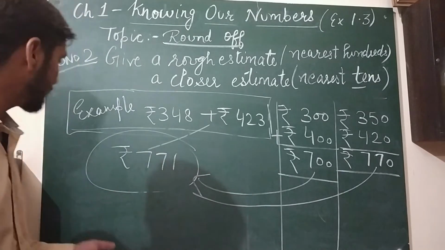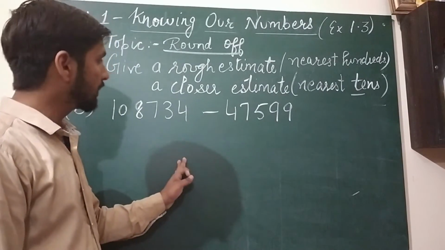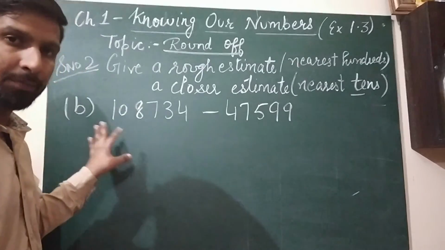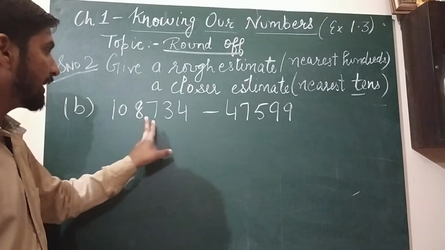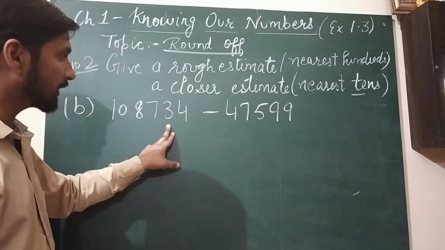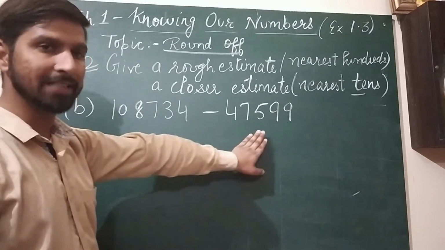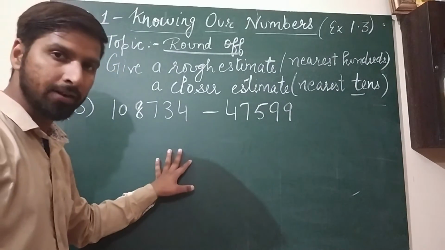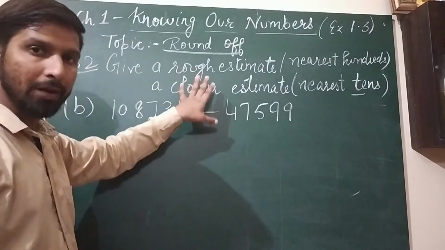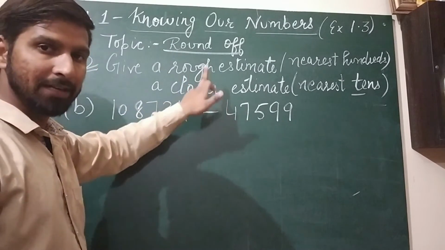Moving to the examples. In this question, I have taken B part of question number 2. The numbers are 1,08,734 and I have to subtract 47,599 from it. I am not going to use the general rule here because the requirement of the question is rough estimate and closer estimate.